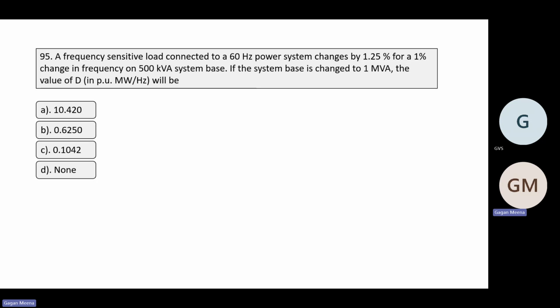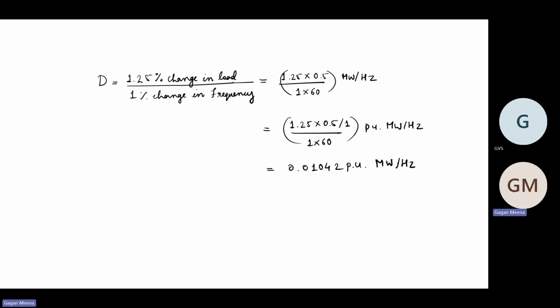So D will change because the base is changing. In per unit it will change. Actual value will not change, but per unit value changes because the base value is changing. This is changing, so this 0.1 is changed to 1.